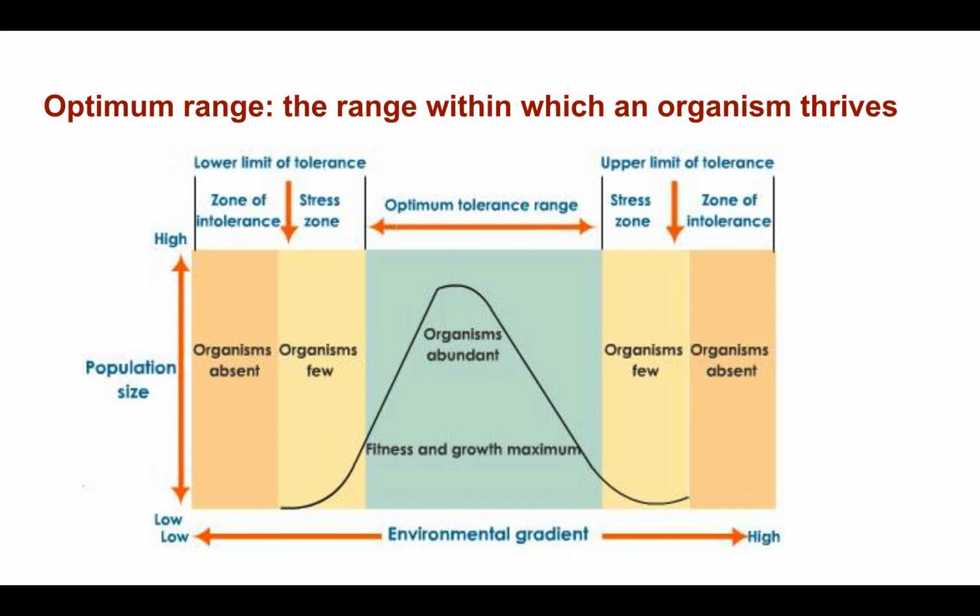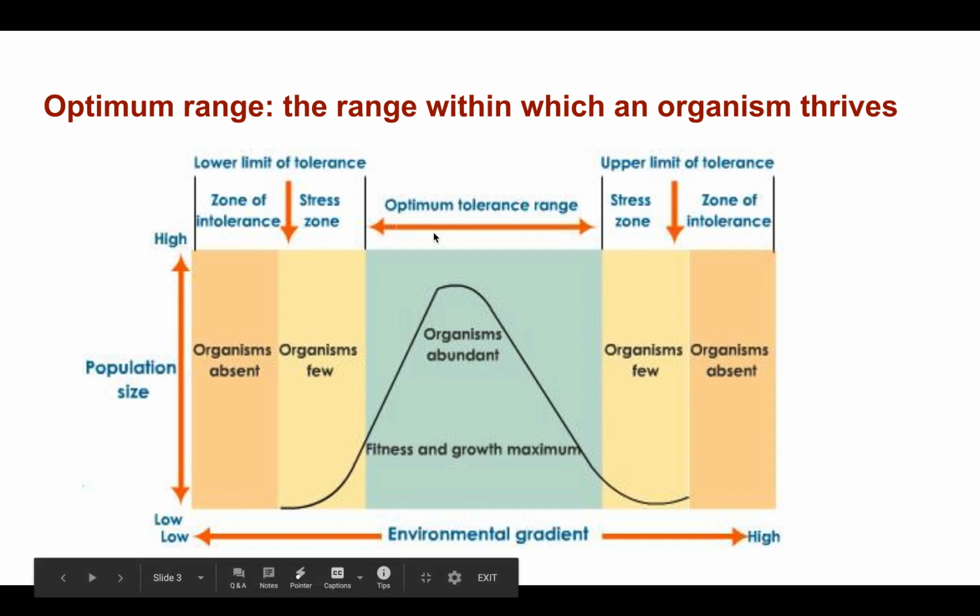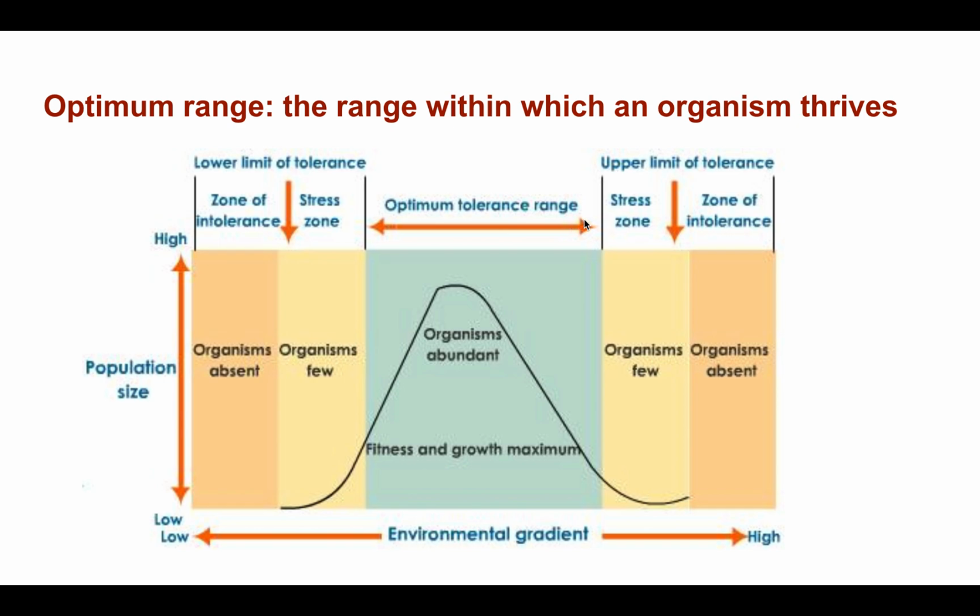And if we have a look at our little diagram there, in the middle there's a bell curve, and in the middle of that it says organisms abundant. So there are lots of organisms in that centre bit where it says optimum tolerant range. So that's written up here, the arrow saying this is the optimum tolerance range, the best range for organisms to put up with whatever the environmental factor is.